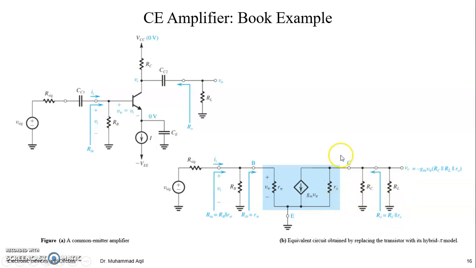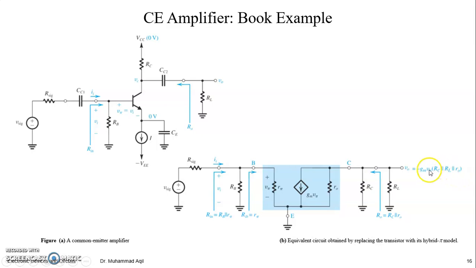When you want to write V naught, it would be equal to what? GM V BE or V pi, multiplied by minus sign: minus GM V pi R naught parallel to RC, right, without RL. With RL, minus GM V pi RC parallel to R naught parallel to RL.